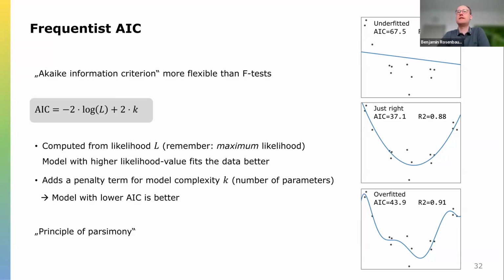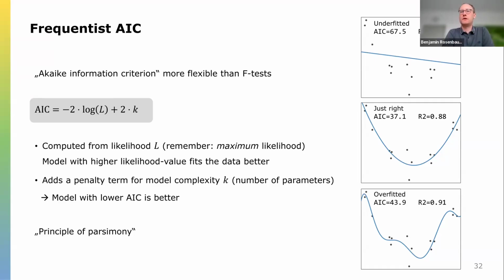Here on the right-hand side, you can see that the R squared increases with model complexity. So if you just look at the R2 value, the last model is the best one. However, if you look at the AIC, you see that the last model has a higher AIC. So it means the model in the middle has the best AIC value.